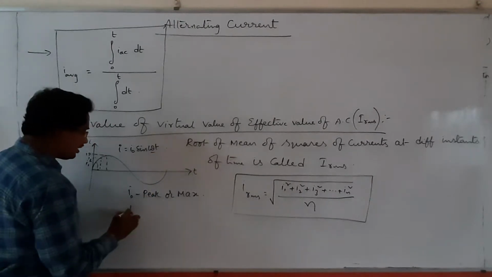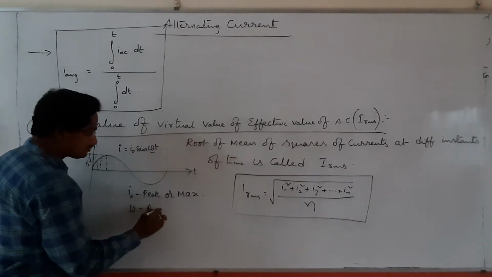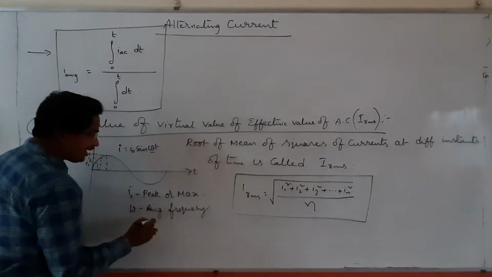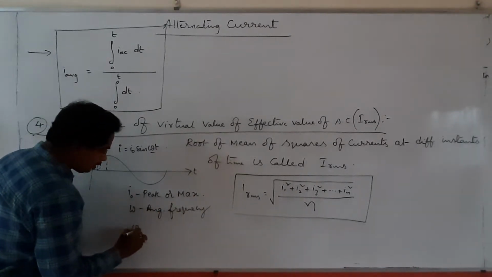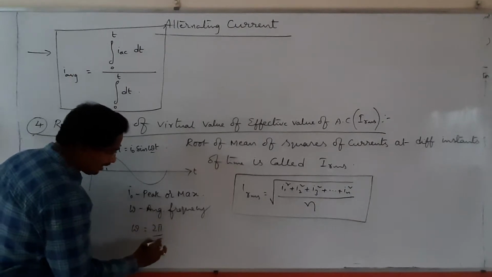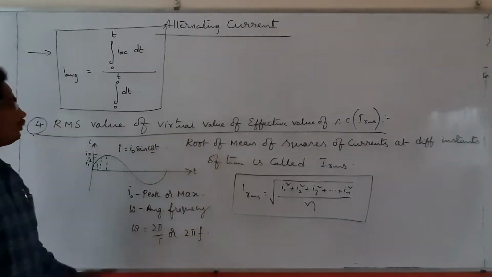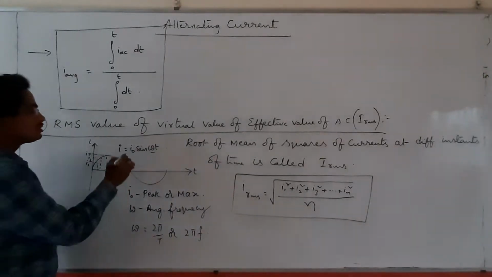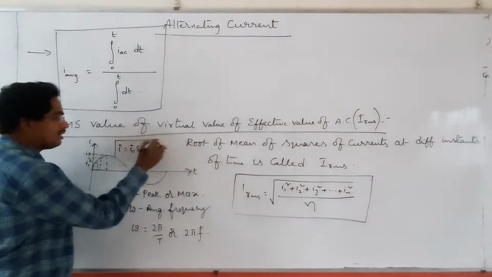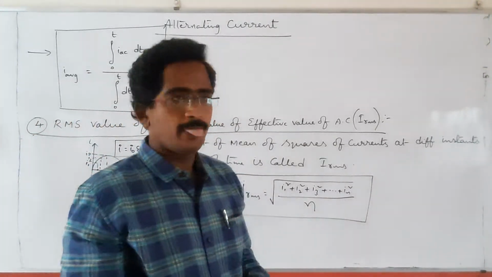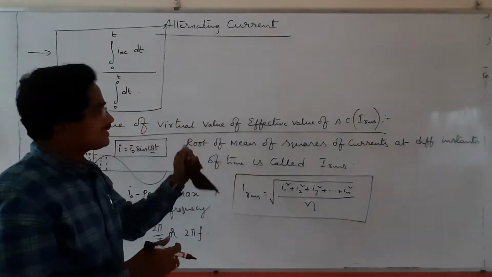Omega is the angular frequency, omega equals 2 pi by T or 2 pi f. So this is the alternating current equation.